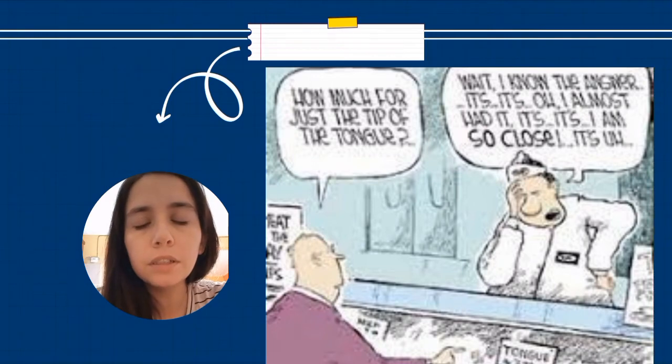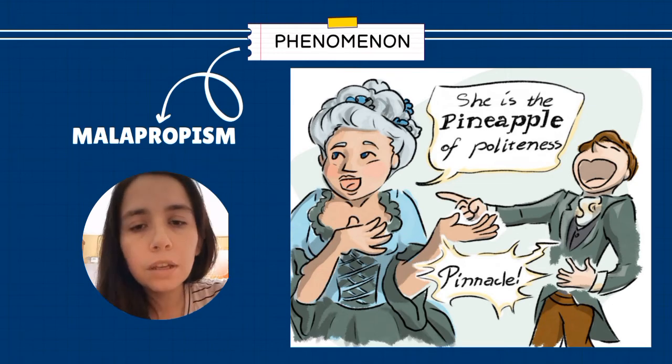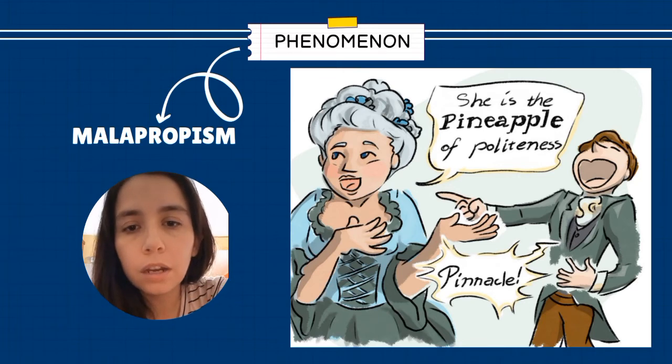Another phenomenon is malapropism. This is when the person says a word with similar pronunciation but different meaning. For example, in this picture, the lady has to say pineapple, but she says something similar.